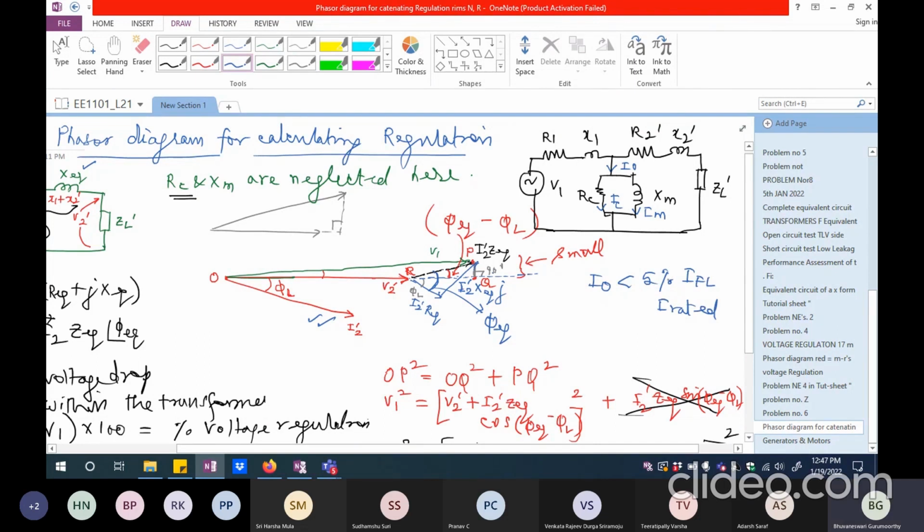The approximation you make does not affect the realistic value you get experimentally. As long as that is true, it's fine. So reasonable assumptions are fine. And how do you verify whether it is reasonable? By conducting an experiment and then checking whether you are getting the values you estimated to be the actual experimental values as well. If at all there is a difference, the difference is negligibly small.